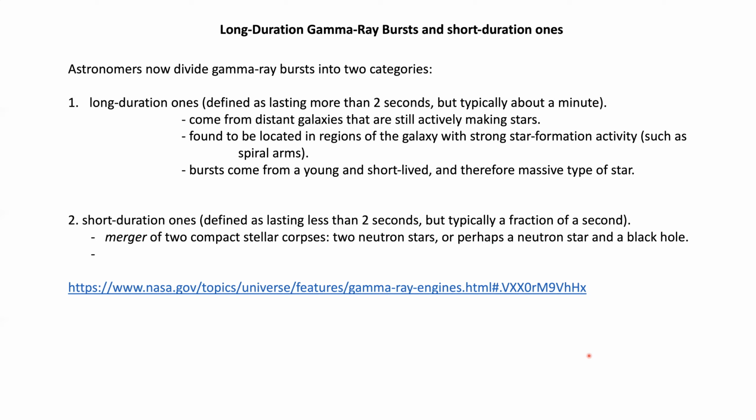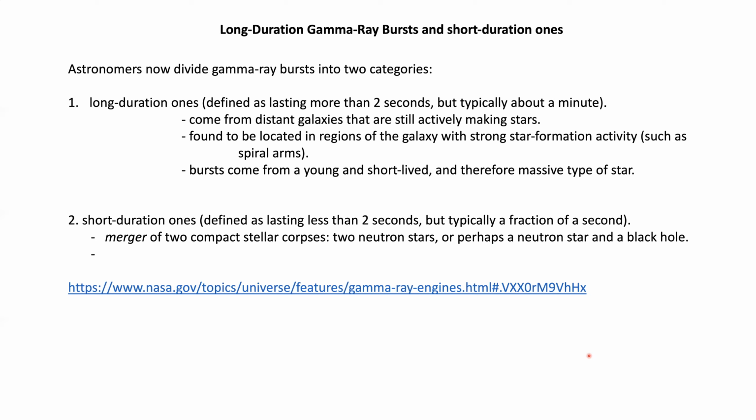And we will learn a little bit more about star formation activities of different types of galaxies in the next set of lectures when we talk about galaxies. And they are found to be located in regions of the galaxy with strong star formation activity, such as spiral arms. Right? So they are always located in regions where you get this strong star formation activity.